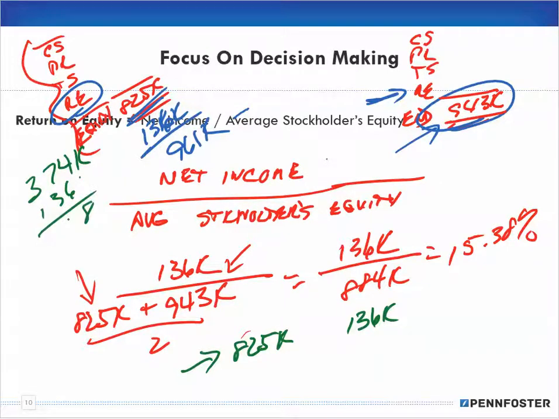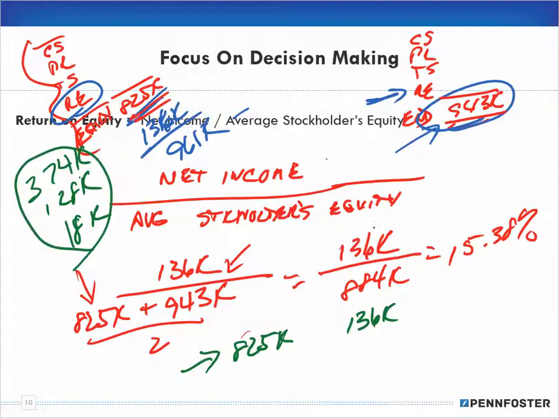You had 128,000 in expenses, and you also had 18,000 in dividends paid out. What is your return on equity, right? Well, if you're given the information in this fashion, you're going to have to go through everything that I just went through to be able to figure out your return on equity.